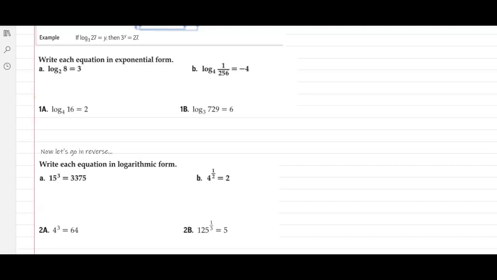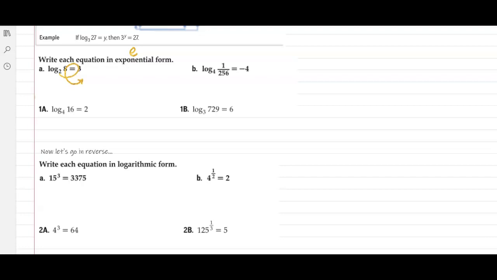And I like to use almost what looks like a cursive letter E. I want to start with the base and put it in exponential form, E for exponential. If you can remember that E, that will help you rewrite this.